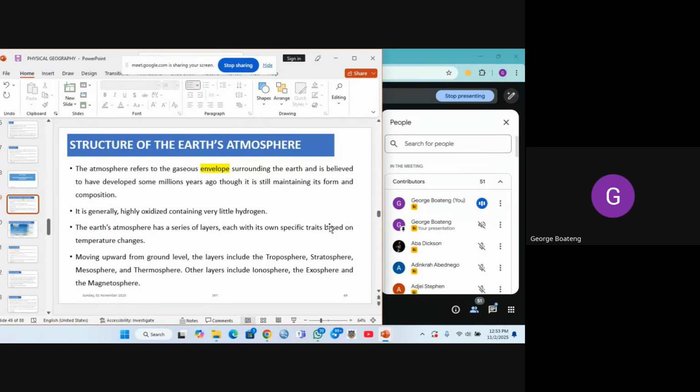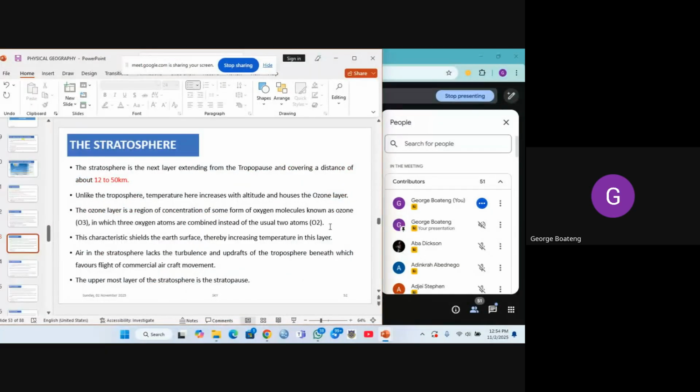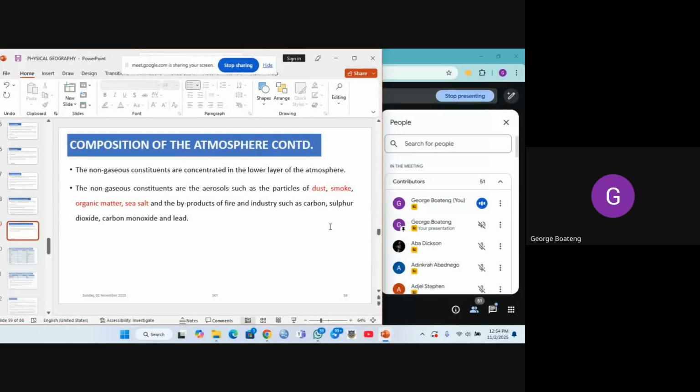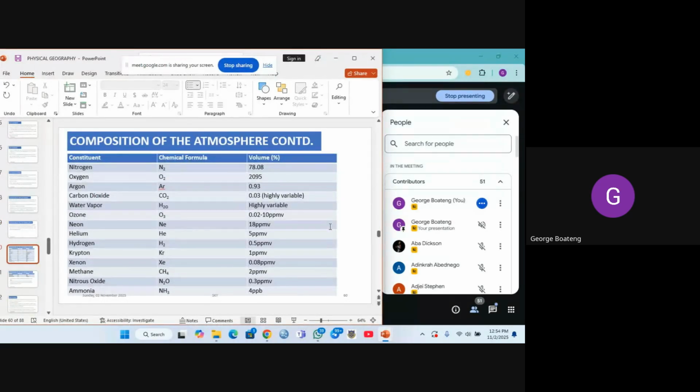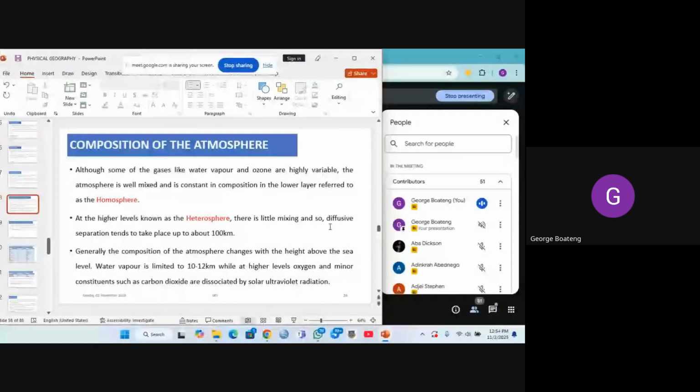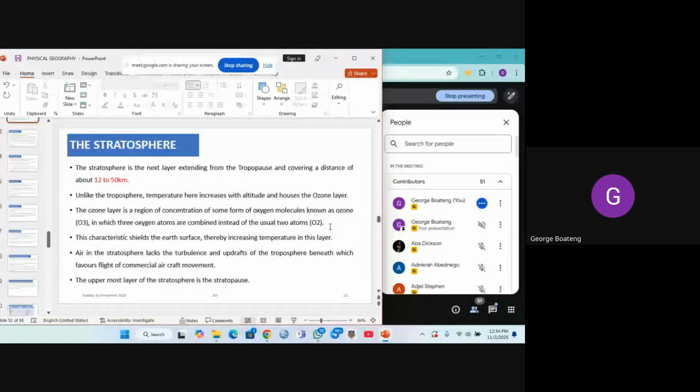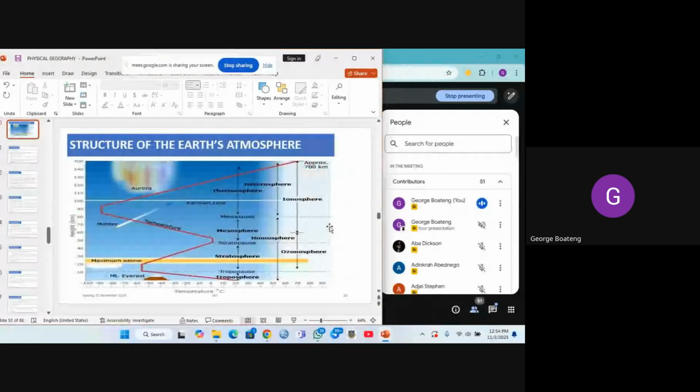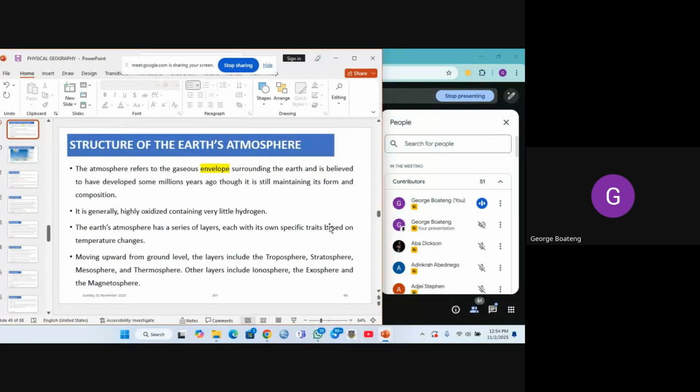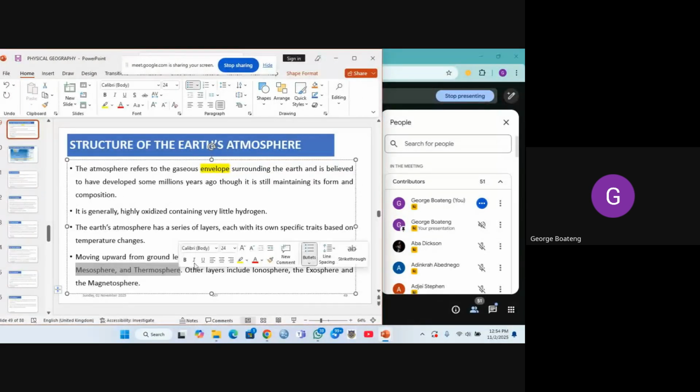Within this, we say that the atmosphere is divided into 4 main layers. The 4 main layers are 1, 2, 3, and 4.